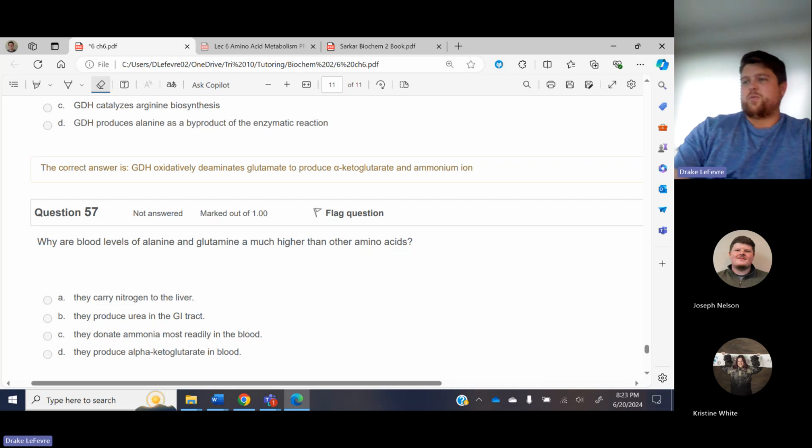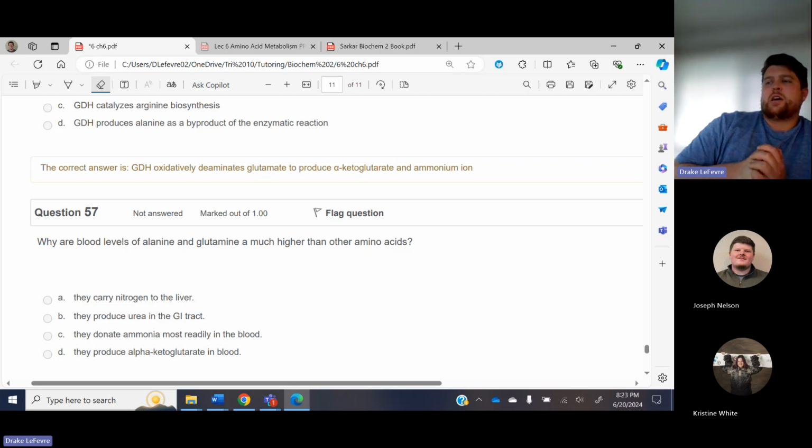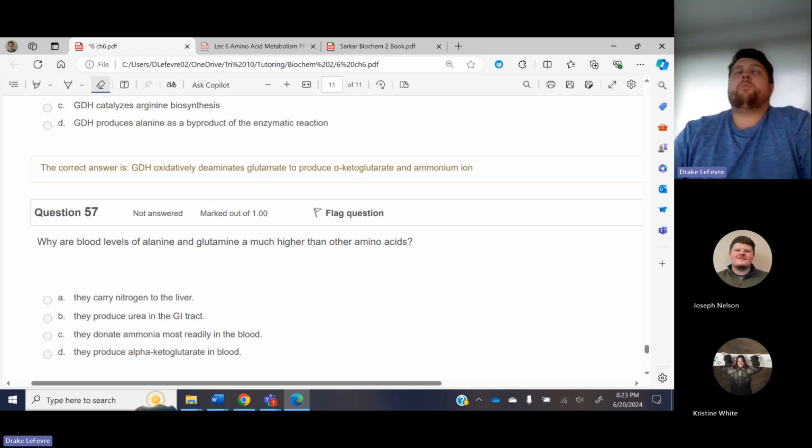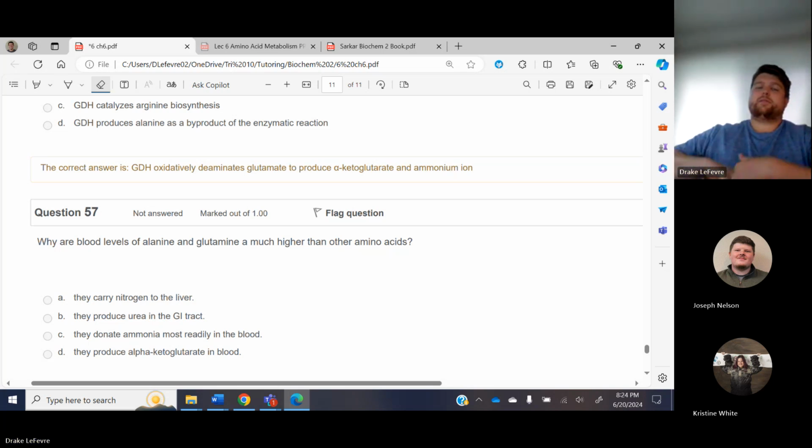Why are blood levels of alanine and glutamine much higher than other amino acids? So this one, if we think back, I'm pretty sure it's biochem. Remember when we talked about muscles and how when we break down muscles, we release certain amino acids into the blood as well? Do you remember talking about that? Kind of.